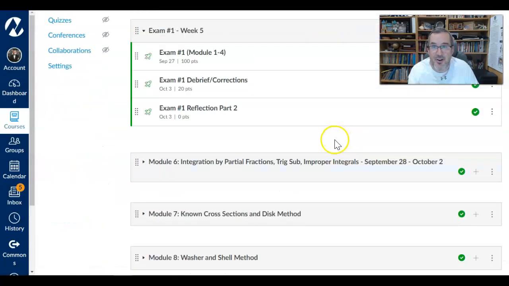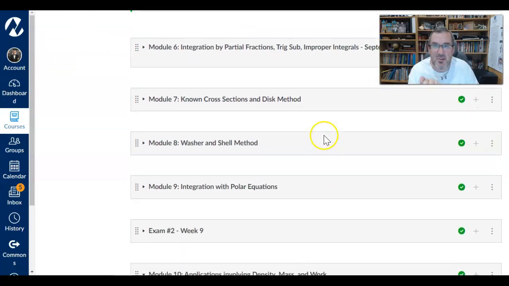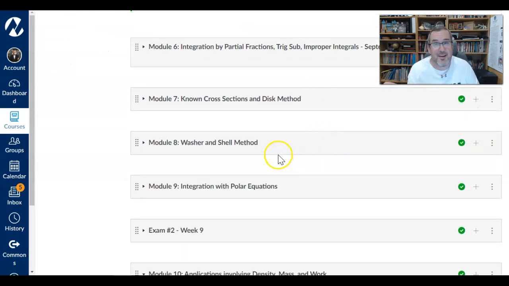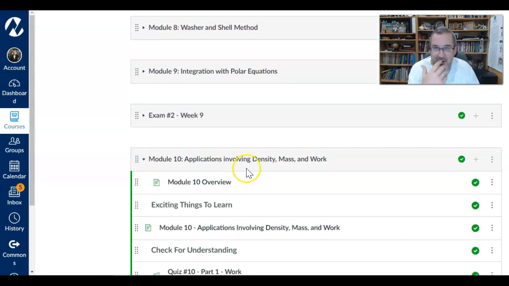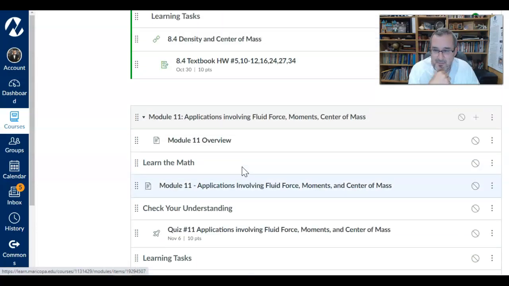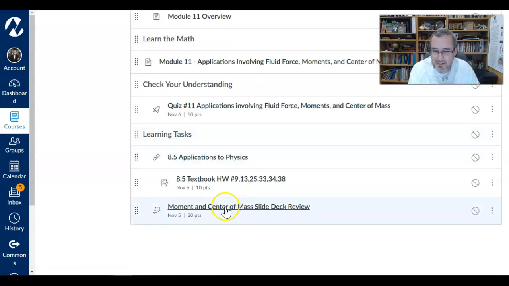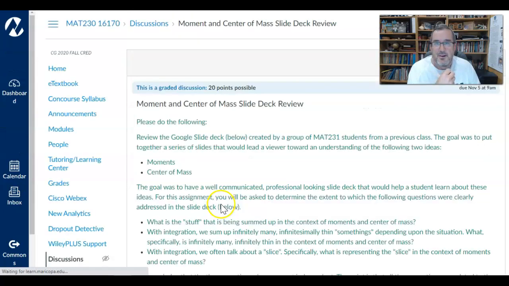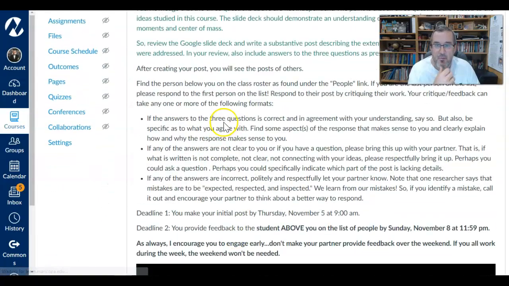So again, another opportunity for you to engage with this material in a different way. I'm hoping just to have something fresh and different to review, to engage in the topic of moment and center of mass. I lost myself here. And when you respond to their post, notice what it says here.